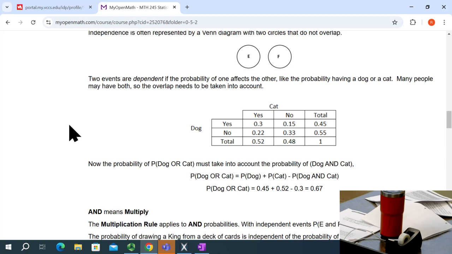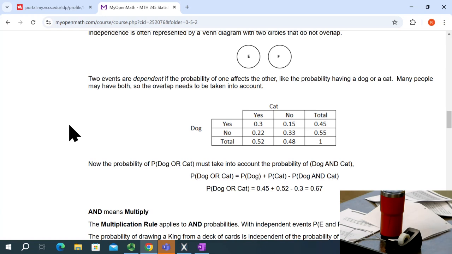The chance that someone owns a cat is 0.52. The chance that someone doesn't have a cat, the complement, is 1 minus 0.52, which is 0.48. Right, they always do this Venn diagram crap. Screw that. Make a contingency table. Right?